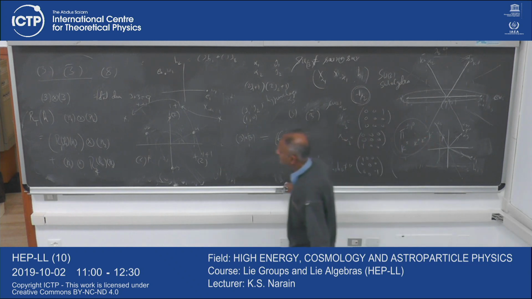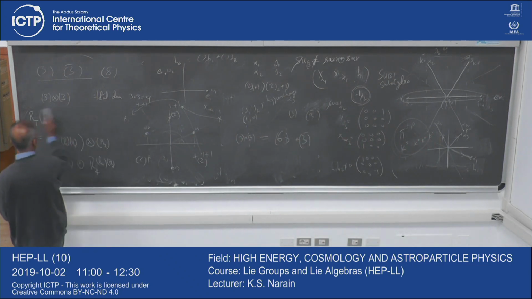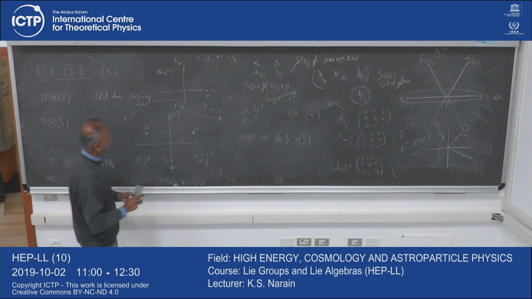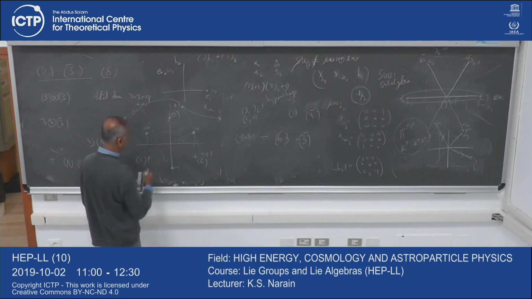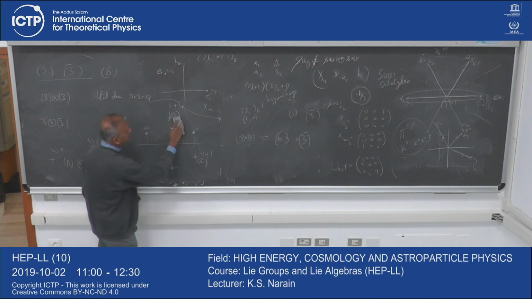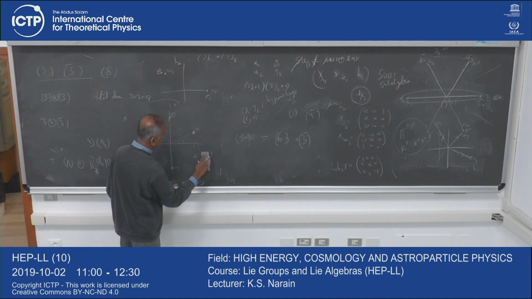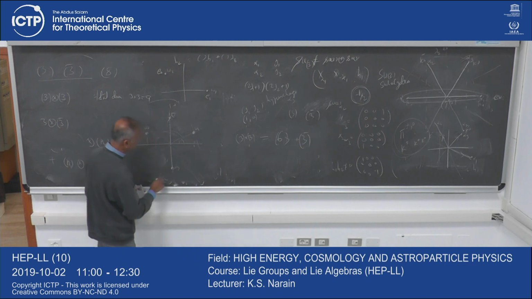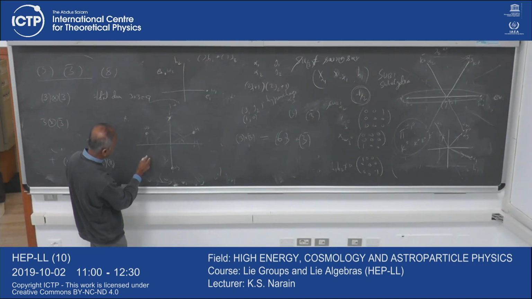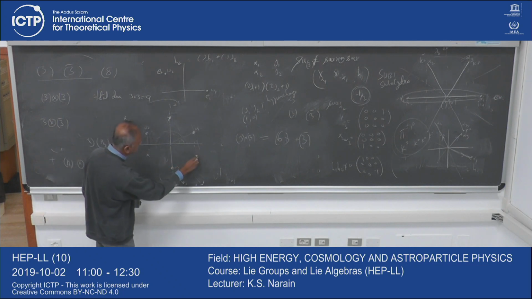On the other hand, suppose I had taken 3 with 3 bar. Then the weights will be, so now I can erase this and work on this. Here was my 3, and then the 3 bar I put here, so it's here and here.